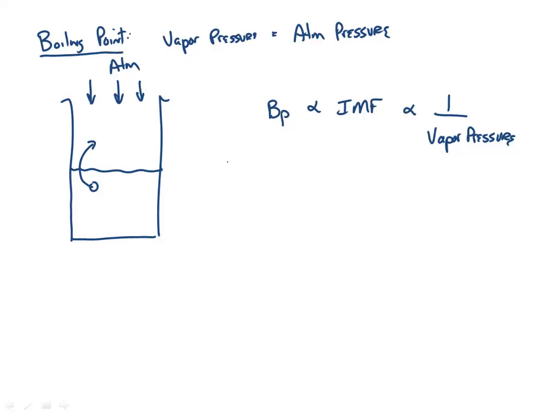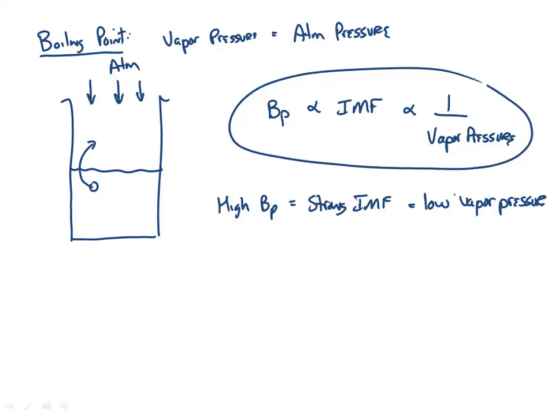Meaning something with a high boiling point has strong intermolecular forces, but it means it has weak or low vapor pressure. So if you can remember this little statement about what's proportional to what, and remember that vapor pressure is basically inversely proportional to the other two, then again you can make insights into things.